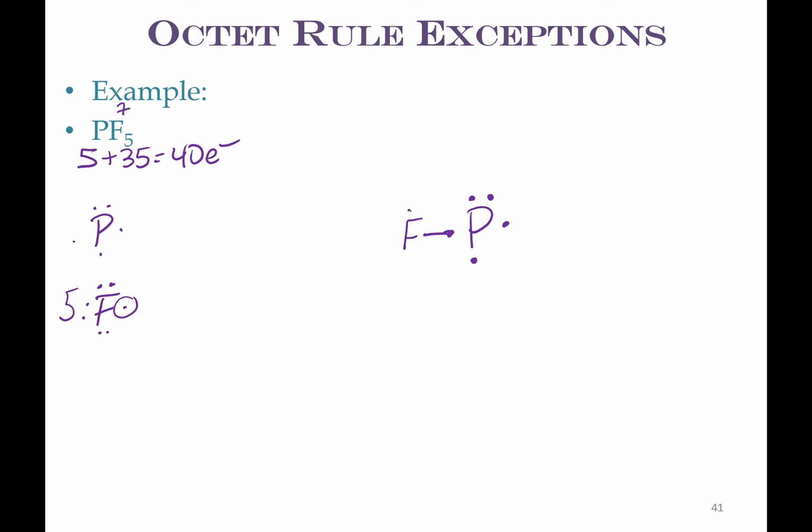So 1, 2, that was my other one for fluorine, 3, 4, 5. Are there any extra electrons? No, everybody has an octet.